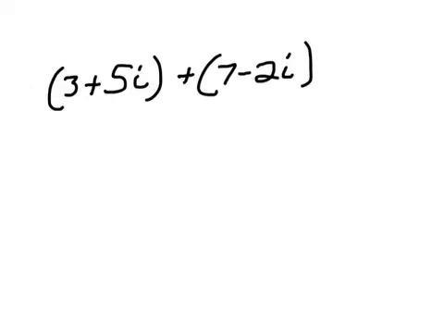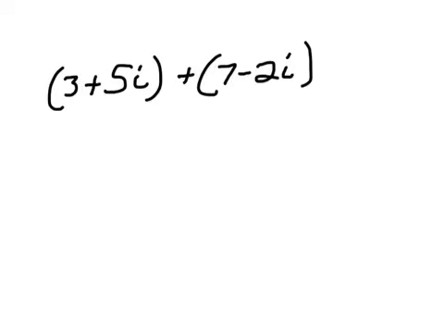So a pretty basic example, first of all, just combining like terms. When we combine like terms in the complex number system, we're going to do this the same way that we would combine like terms in the real number system, where we only combine our like terms. So we have the 3 and the 7.